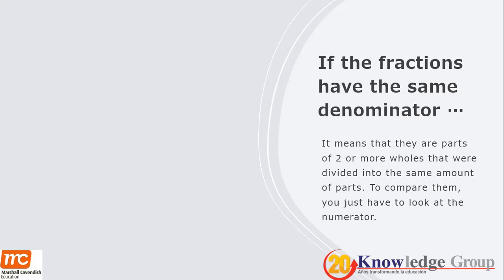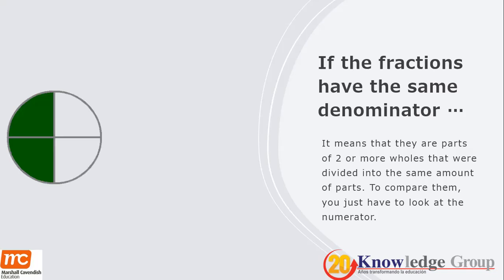Okay? So imagine this is a pie or a pizza. It was divided into 4 parts. 2 parts out of 4 is the fraction that I'm using right now. Okay? And that's 2/4, or 2 out of 4.